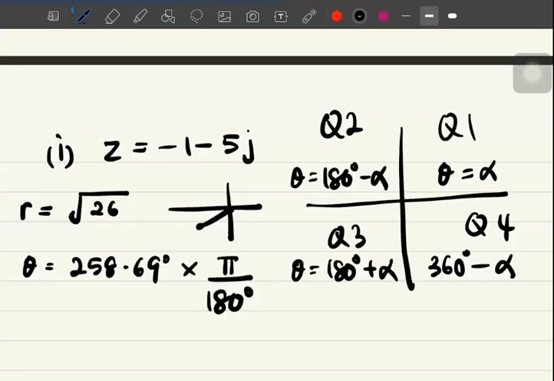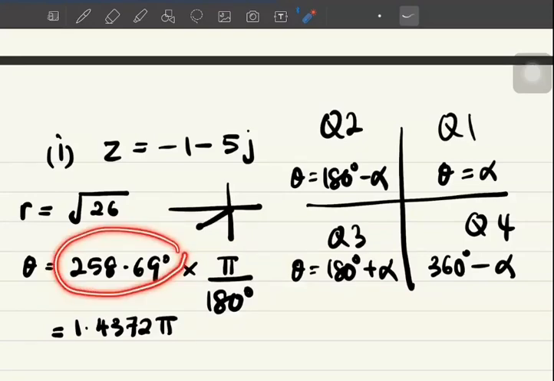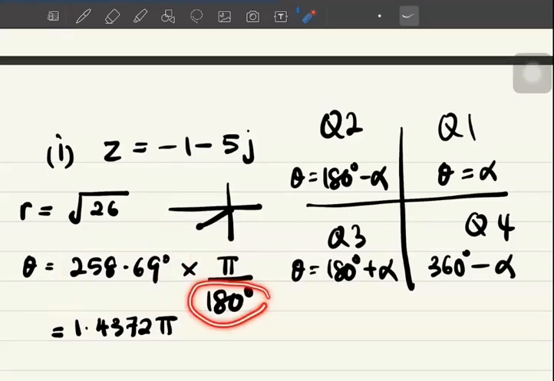So that you have your theta is equals to 1.4372 pi. Saya nak tinggalkan dalam bentuk pi. Kalau you all nak buat ni darab terus dalam kalkulator pun boleh. Okay. Tapi nak mudah just bahagi ni je lah. 258.69 bahagi dengan 180.